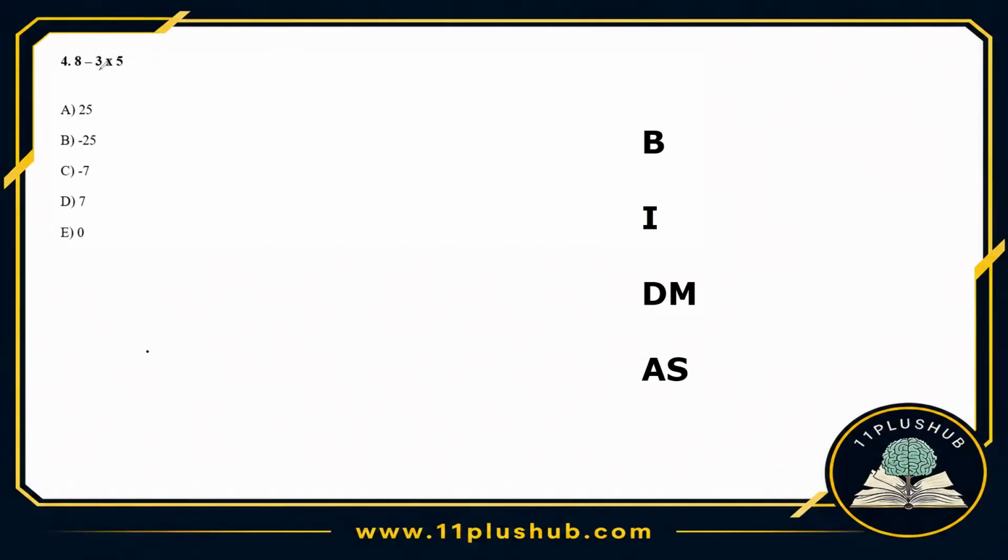So we're going to solve the multiplication part of this question first, which is 3 multiplied by 5, which of course is 15. And now our question turns into 8 subtract 15, which can make some students feel uncomfortable because a lot of students believe we can't take 15 away from 8 because it results in a number which is less than 0. But of course we can. The best way to look at this is if we were to do 8 subtract 8, let's write this down here.